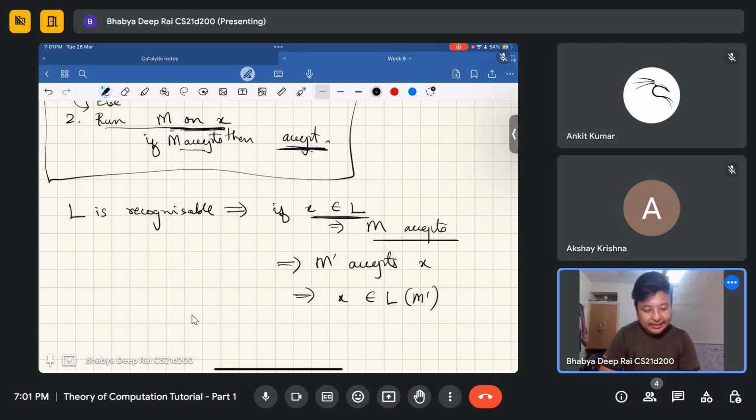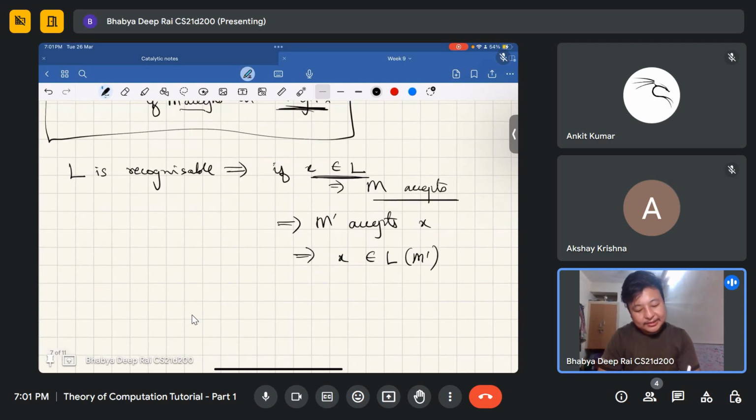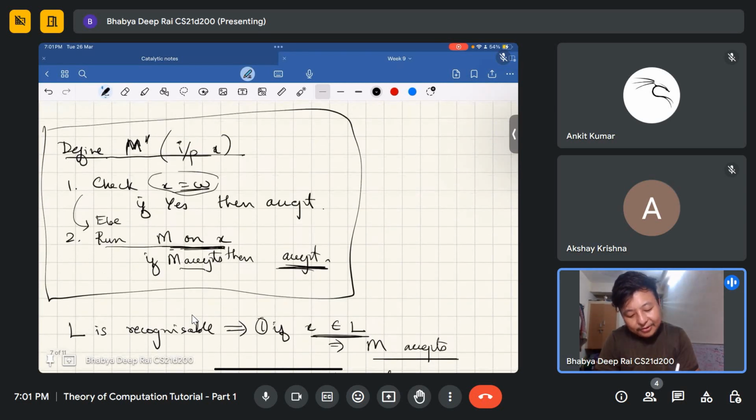Okay, this is the first part. The next part is if X is equal to W. If it is the case that X is equal to W, then M prime will accept.